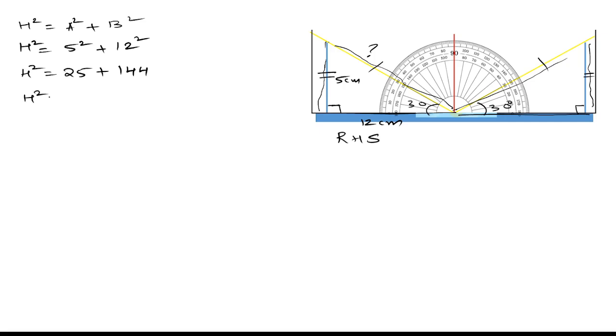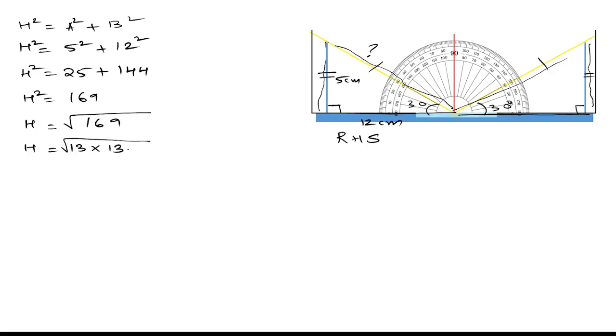So h square is equal to 169. Now we need to find the square root to get the hypotenuse. Square root of 169. Since this is a small number, we can directly write the square root of 169 is 13.